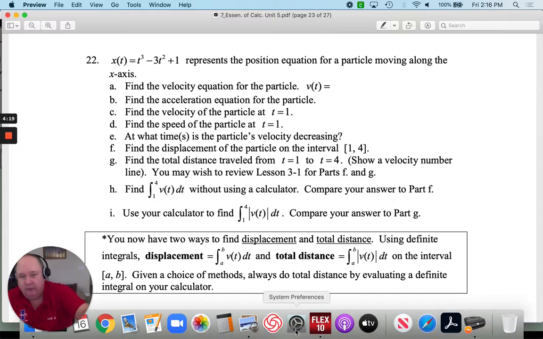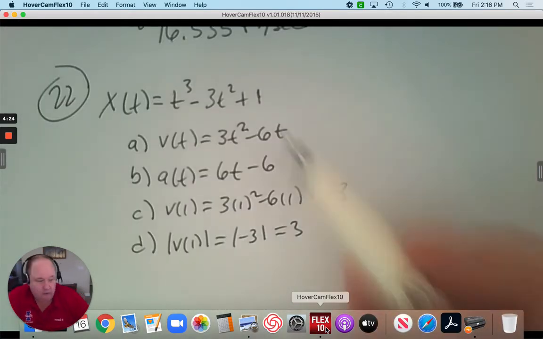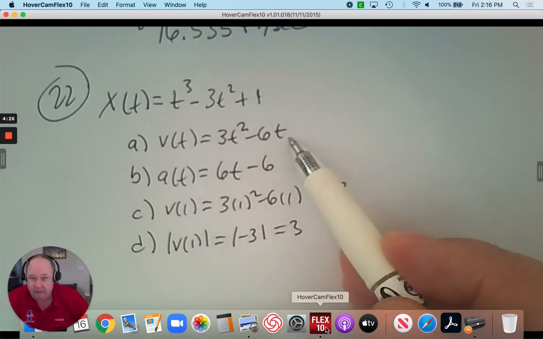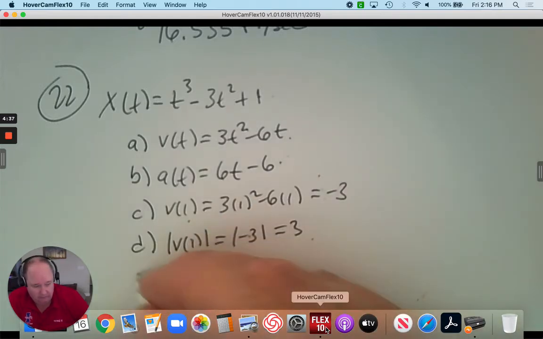So let me show you my work. You're given the position, take the derivative again, plug 1 into the velocity. Speed is the absolute value, so it's still negative 3, but the absolute value, which is positive 3.